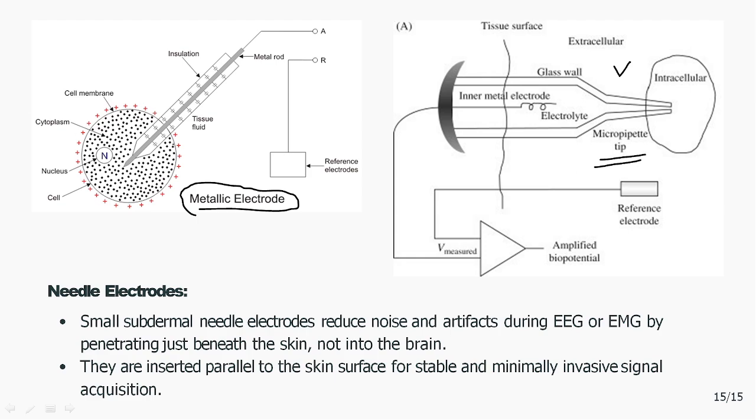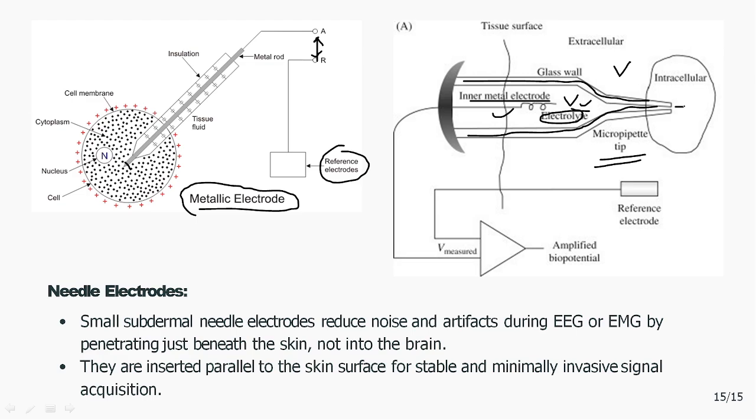Both are able to extract the potential across the cell membrane. This is the cell membrane, and this is the metallic tip through which we collect the signal, and the difference with respect to the reference electrode is captured. Here the pipette is made of glass, and here you have the electrolytic gel and the metal electrode.